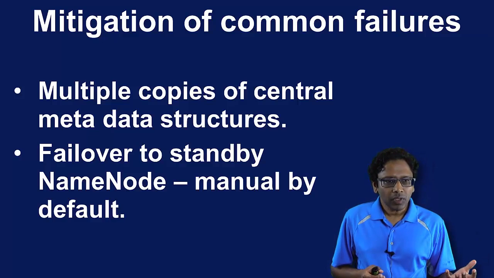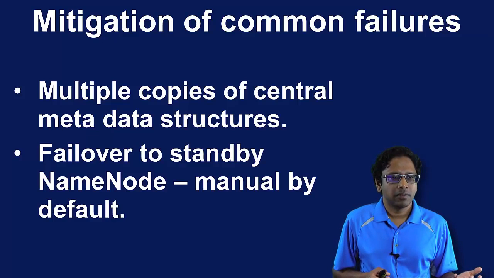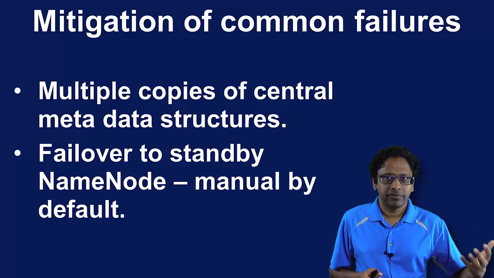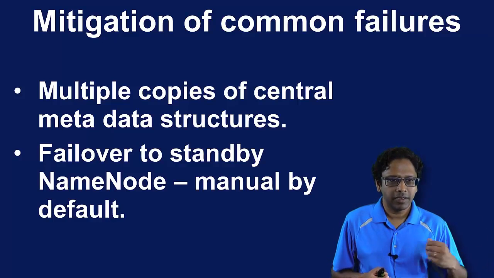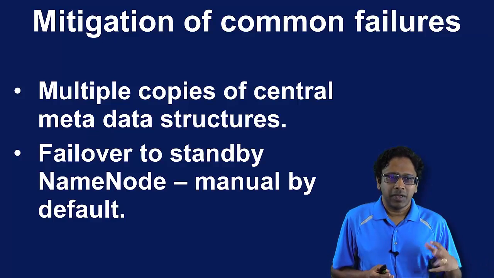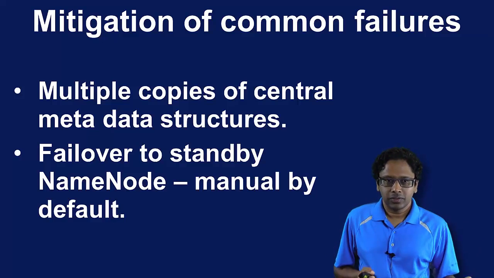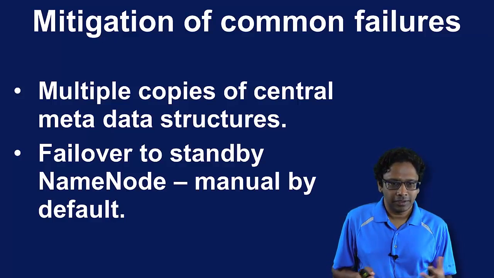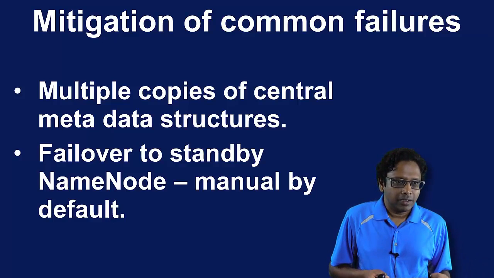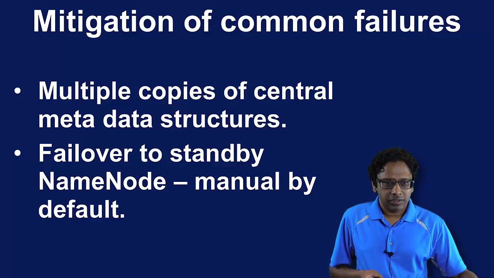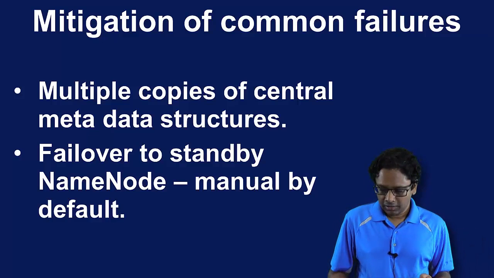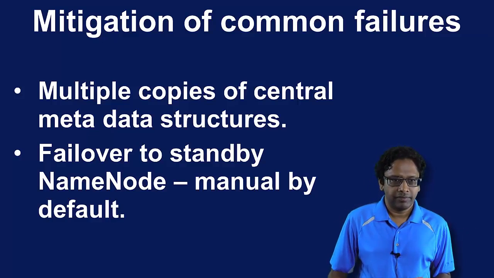So that has the option of failing over to a standby name node. This is manual by default, so someone will have to go to it, like a system administrator. In the current versions of Hadoop, this can be automated, but it's not done by default.